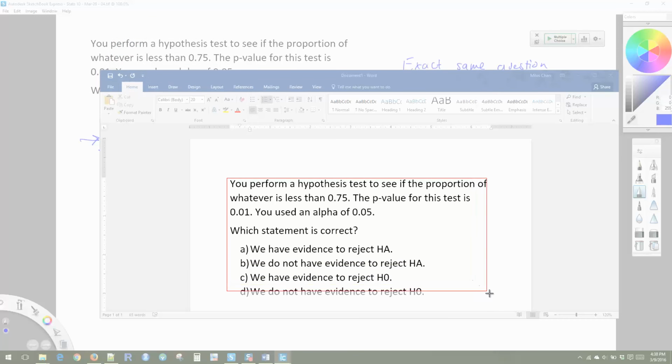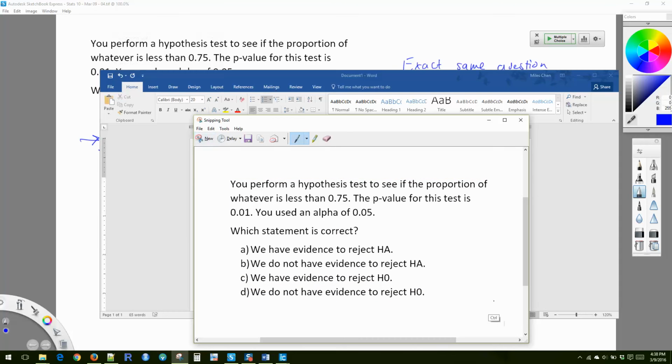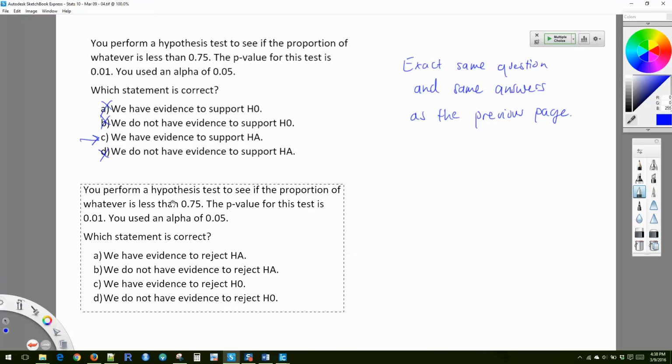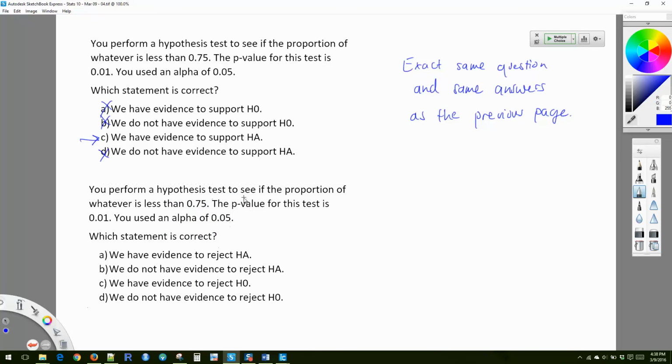So these answers also correspond to being the same thing. Just keep in mind that rejecting the null is equivalent to supporting the alternative, and you either have evidence or you do not have evidence to make this conclusion.